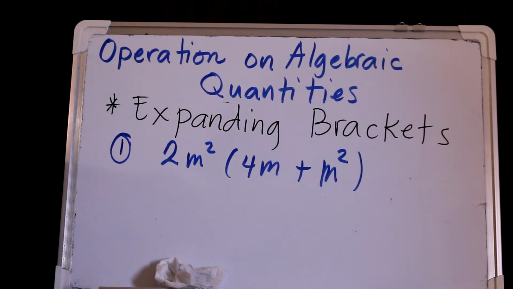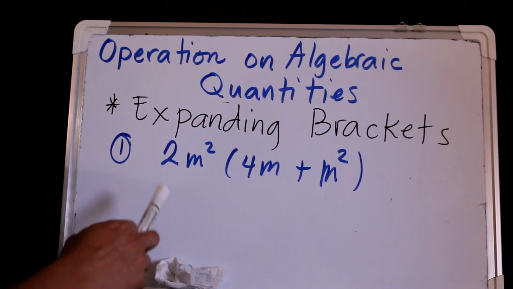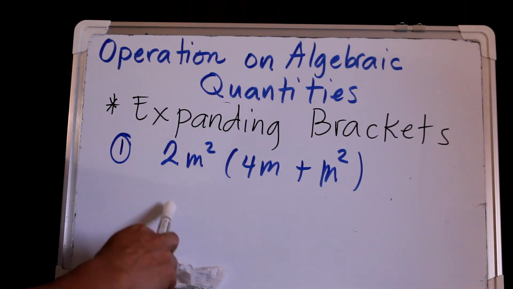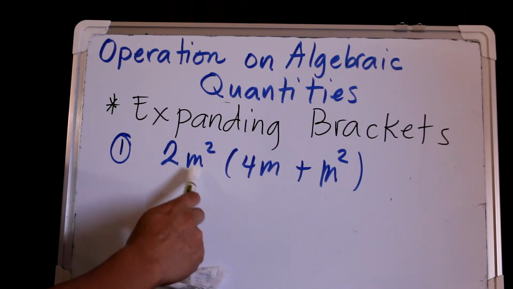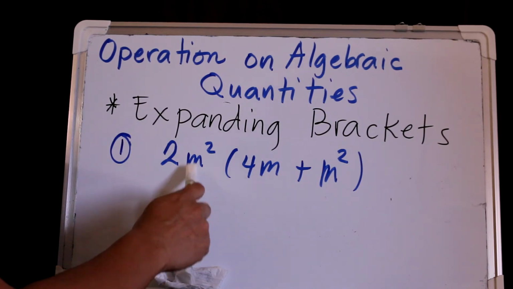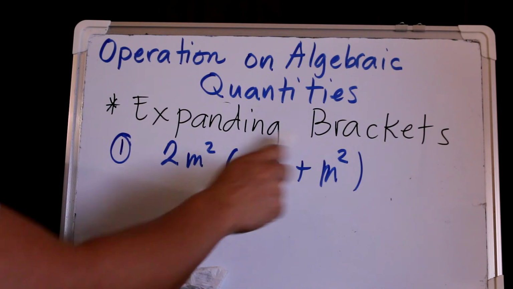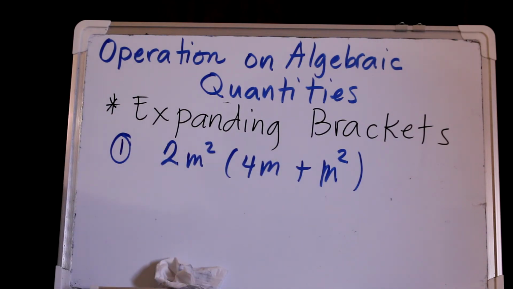So there is what we call a distributive property in multiplication of variables. This will follow the distributive property of expanding. So we will expand in that sense, and we will combine again like terms.